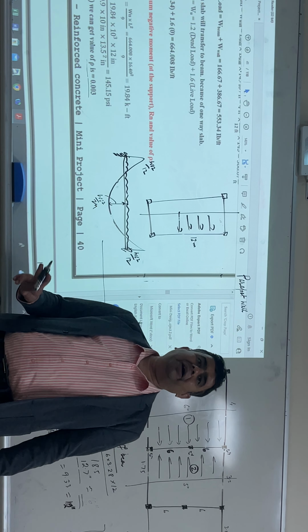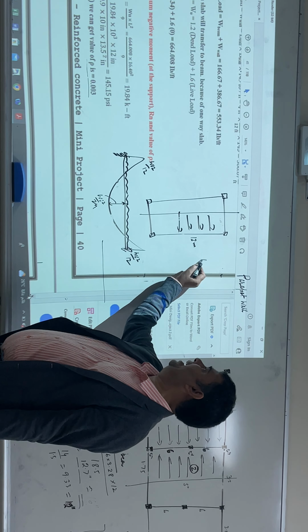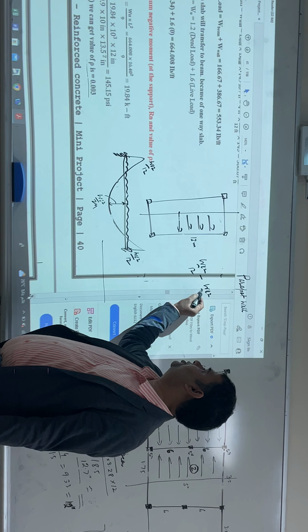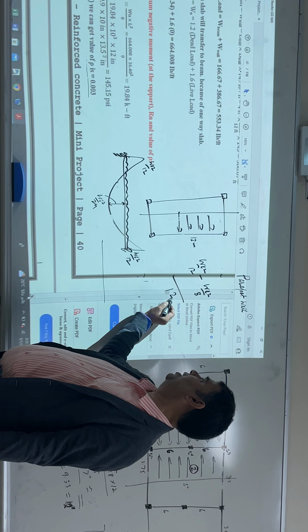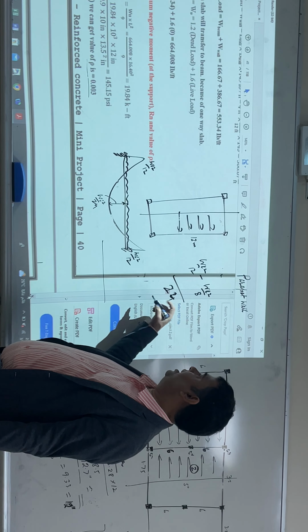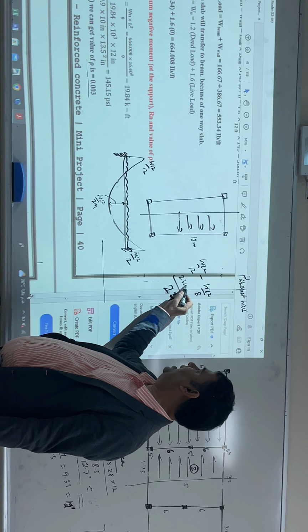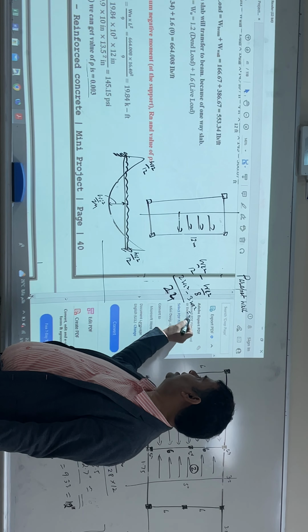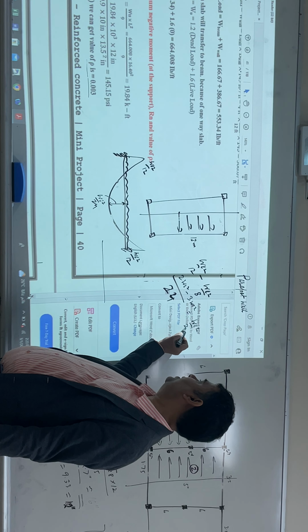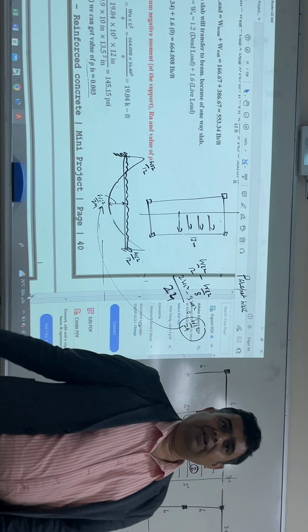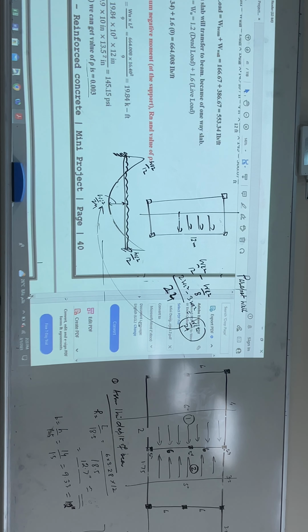So WL square by 12 minus WL square by 8. How much is coming? 24. So this means 2 WL square, and here is 3 WL square. So here it is WL square by 24. Did you get it? This is structural analysis.